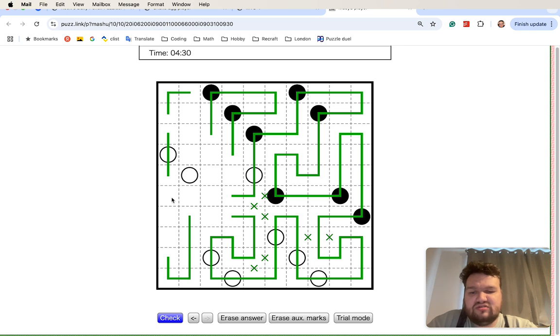Turning here, continuing the loop without closing. And also here. Now this white must turn. Cannot close this loop still, so it connects here. But I cannot connect here because this is the same path.